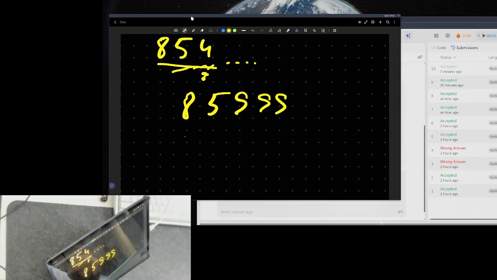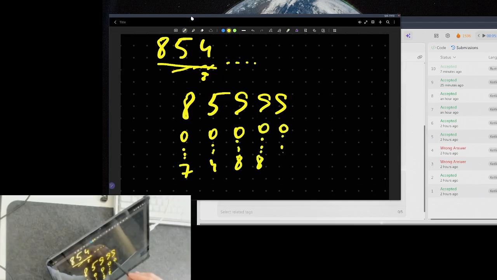So we explore it from 0 up to 8, but we take this number itself as a prefix, and we don't consider it.